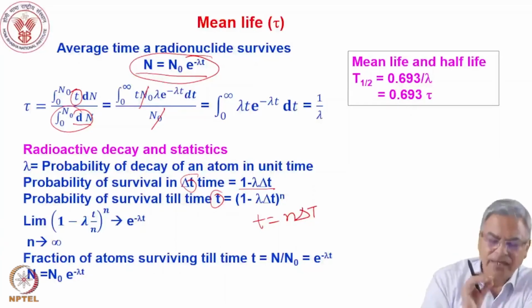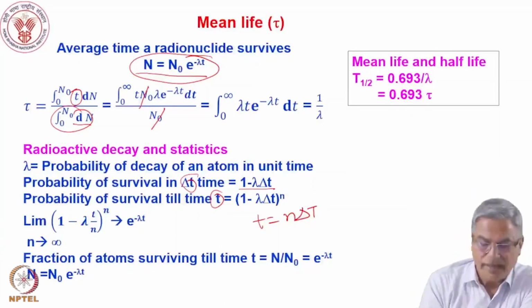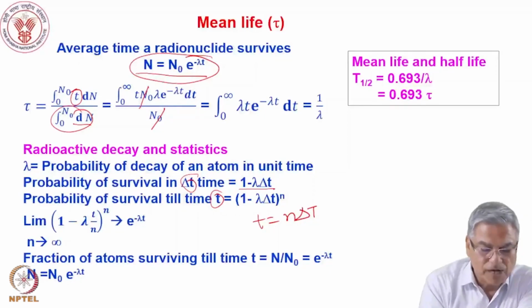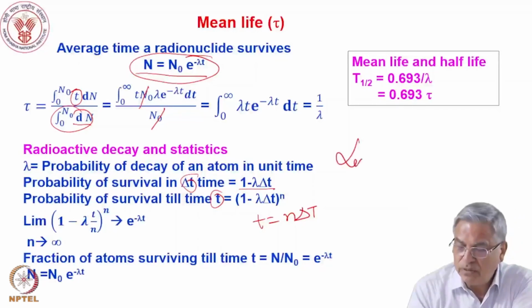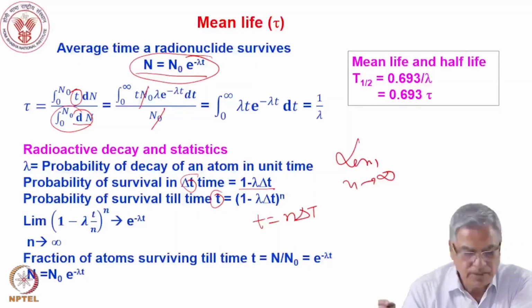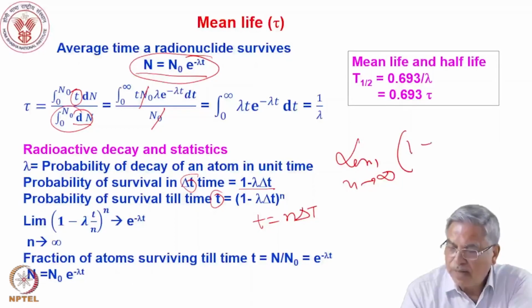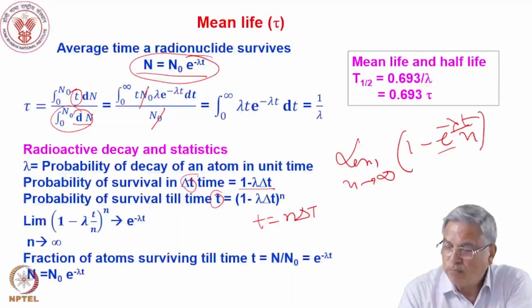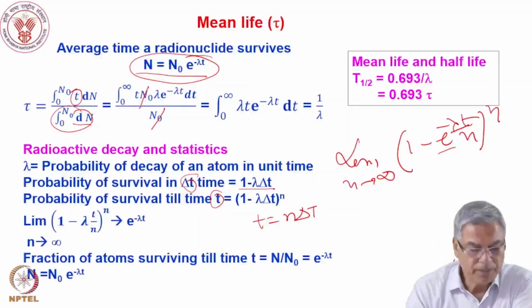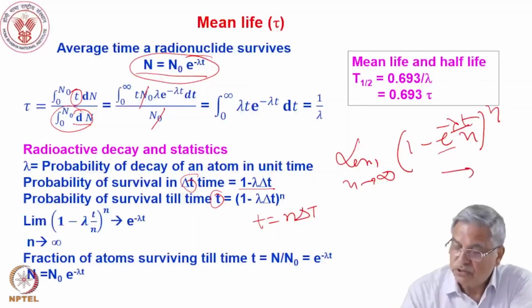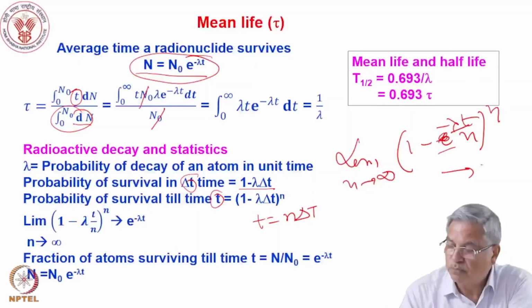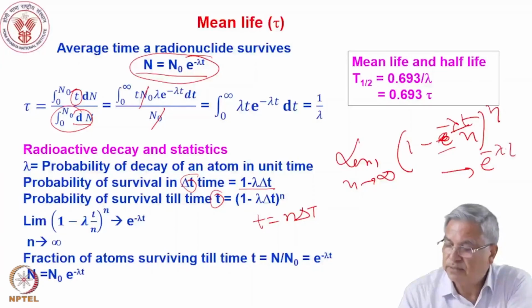Now when delta t becomes very small, or n becomes very large, n tending to infinity, you get (1 minus lambda t upon n) to the power n. This is the limit as n tends to infinity of (1 minus lambda t upon n) to the power n, which will tend to, no, it is not e raised to 1 minus lambda t upon n, it will become e raised to minus lambda t.